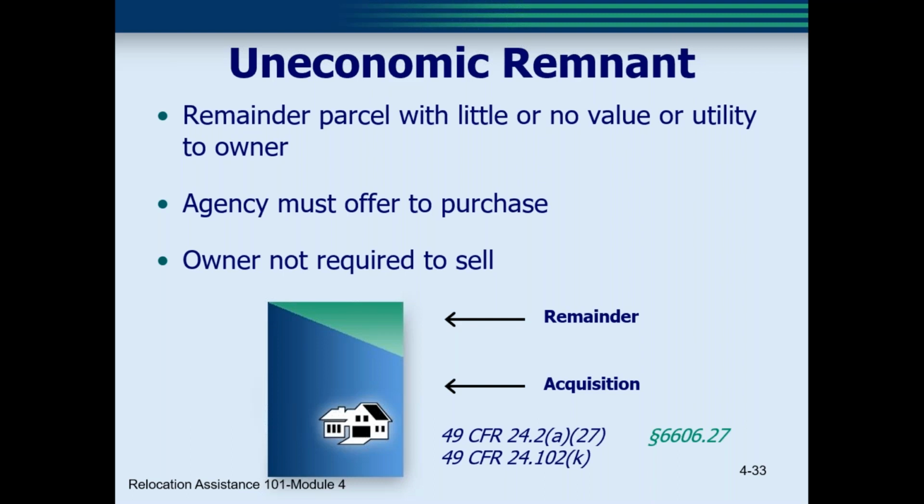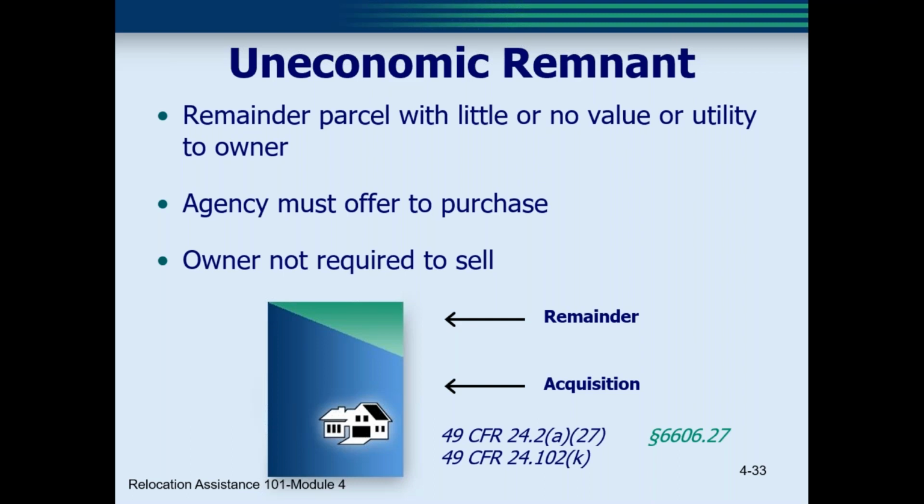However, if they tell you up front they're going to be selling that uneconomic remnant, they're not going to keep it, then when you prepare your RHP offer, you can include the amount of the money for the total acquisition, and you're going to include the additional amount of money that's going to be put on that uneconomic remnant.